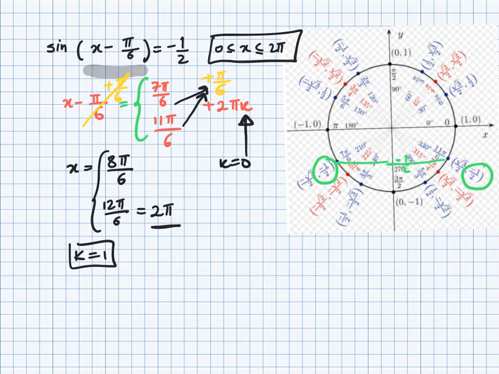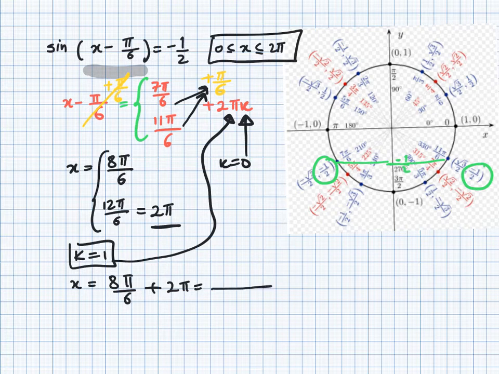We already had x equal to 8 pi over 6 plus 2 pi times 1, so it's 8 pi over 6 plus 12 pi over 6. It's going to give us 20 pi over 6.